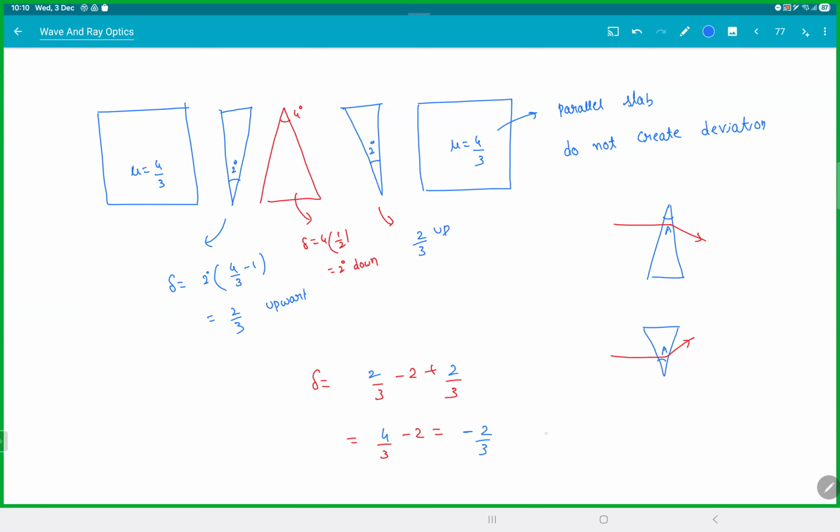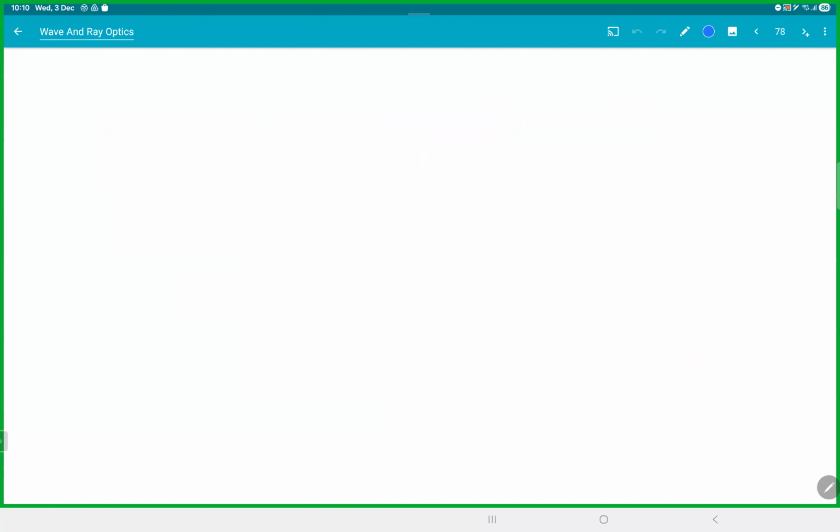So minus indicates down. Clear with this? They can play like this with the thin prisms. So you split this into parallel slabs. Clear with this, everyone? So that is one way to play around with this.